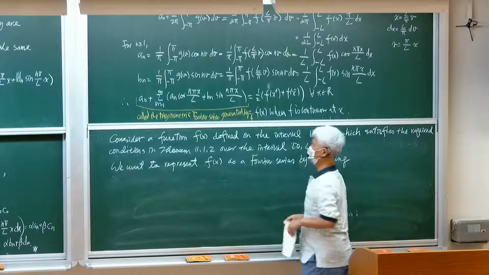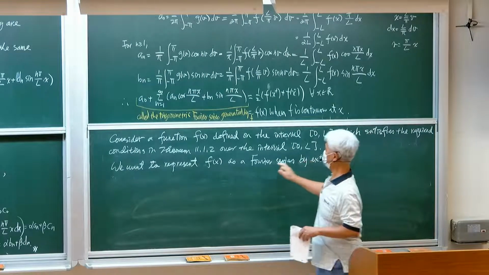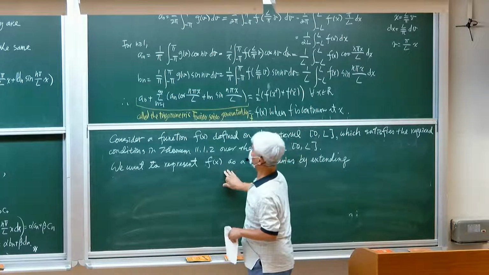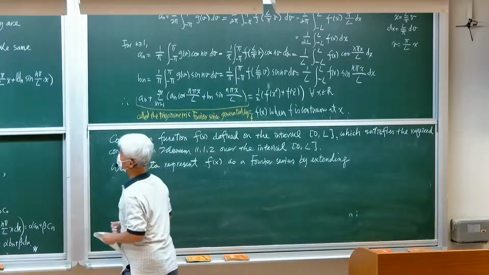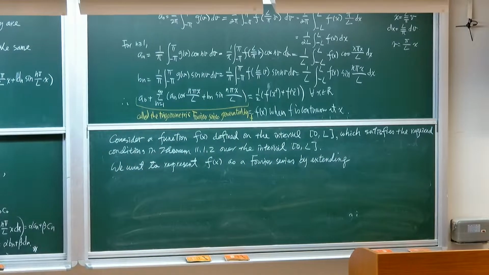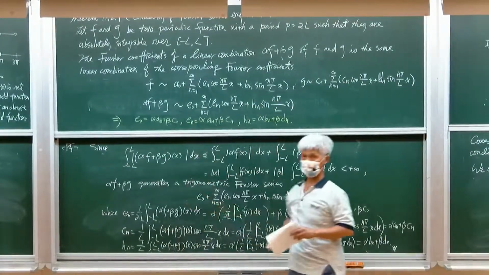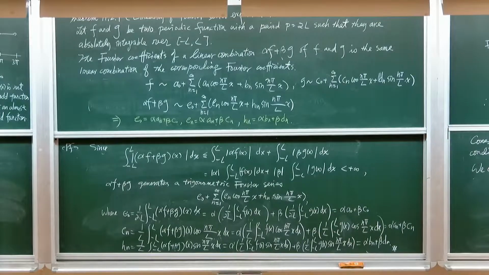We want to represent f of x over this closed interval as a Fourier series like this one, and it is possible.